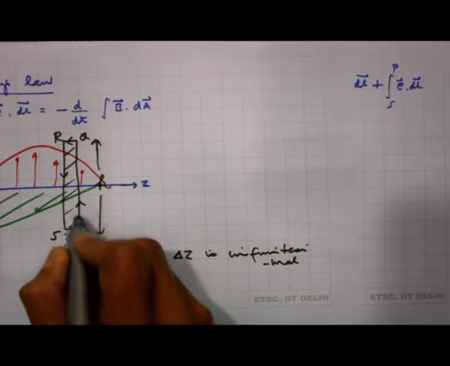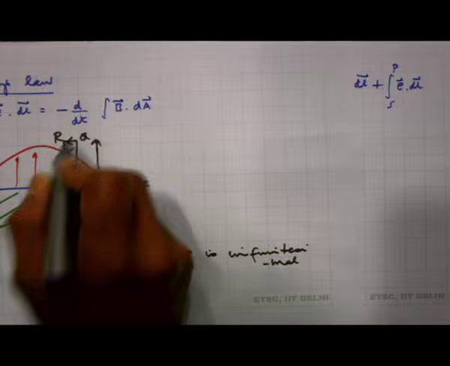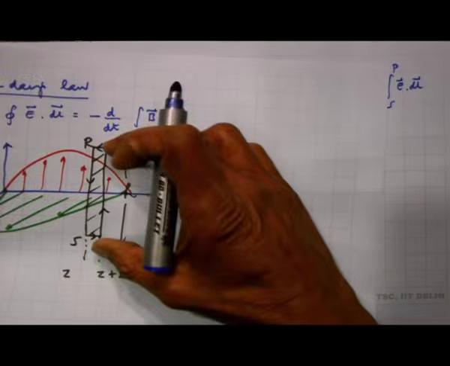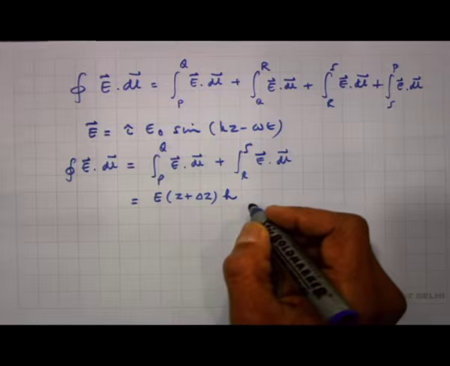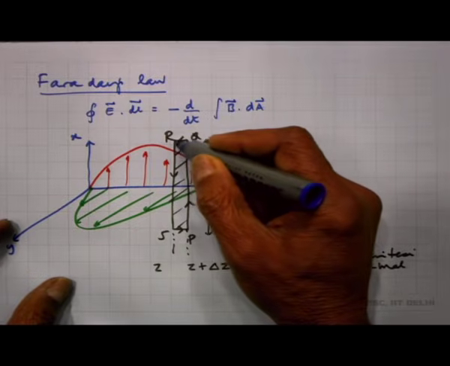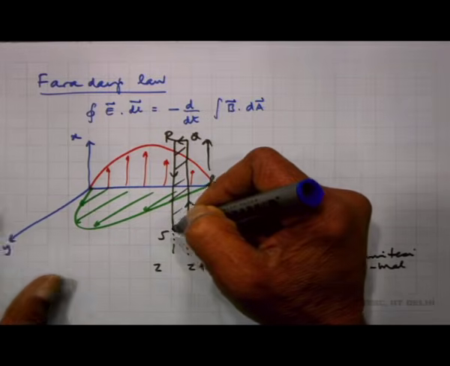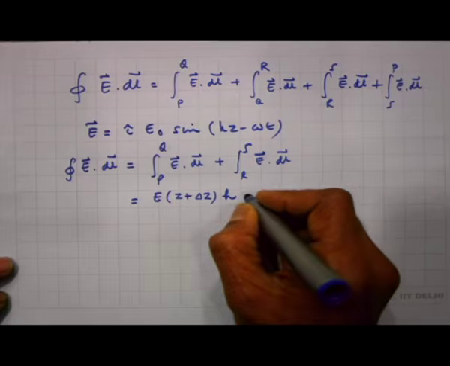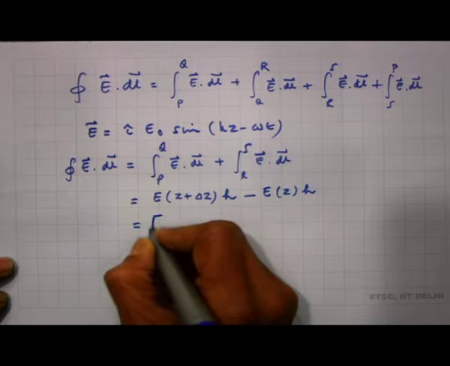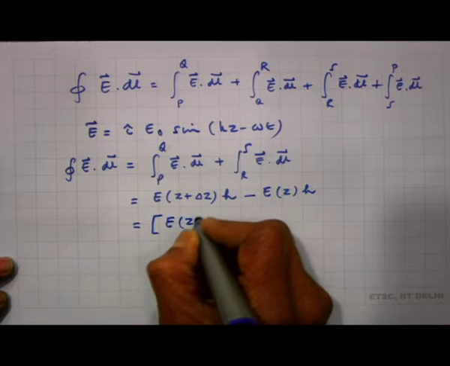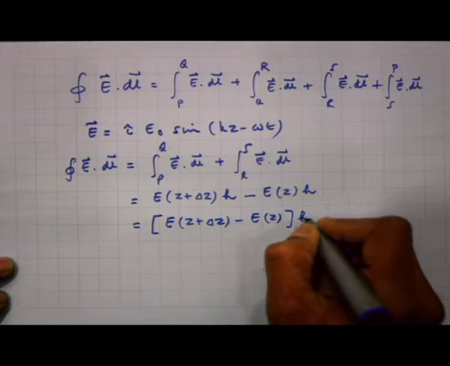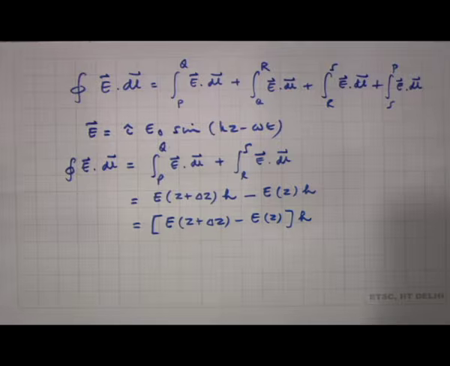So, E dot dl is E dl and E is constant along this path. So, this will be multiplied by this length h, the length of integration. And then in the second part, R to S, you see here the electric field is pointing upwards, the path of integration is from R to S. So, I will get a negative sign, E dot dl will be negative and I will get minus E of z into h. So, this is nothing but E of z plus delta z minus E of z, into h, and delta z is an infinitesimal quantity.